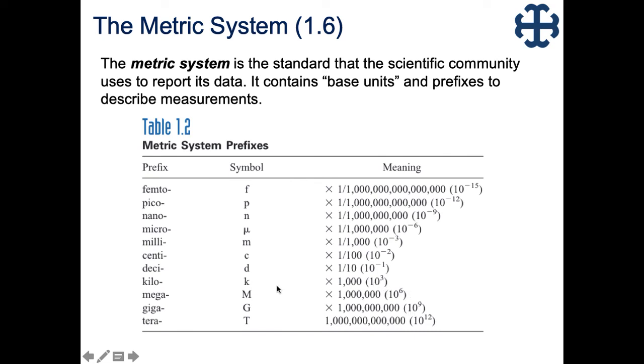So for example, kilo, if you think about a kilogram or a kilometer, that means 1,000 grams or 1,000 meters is represented in a kilometer or a kilogram. Mega, giga, tera are other larger prefixes, I should say.